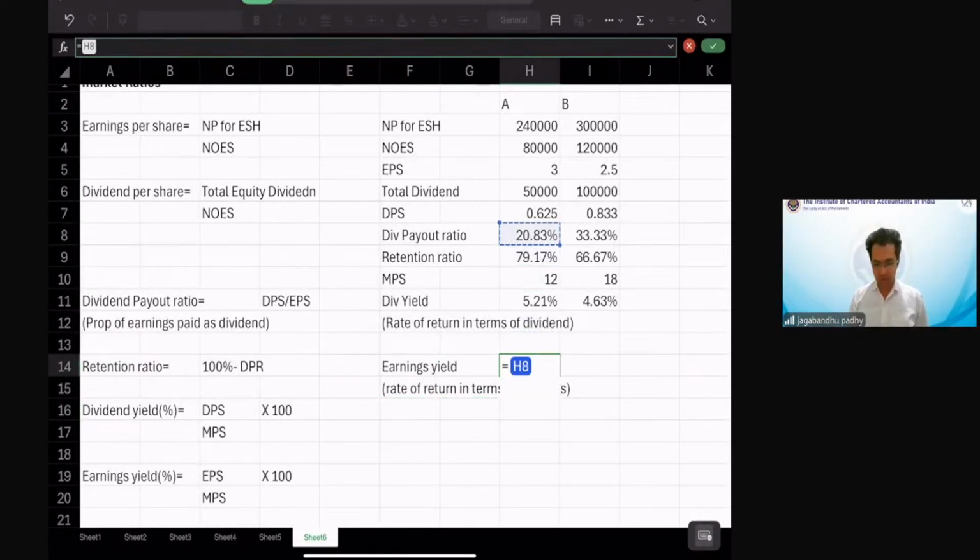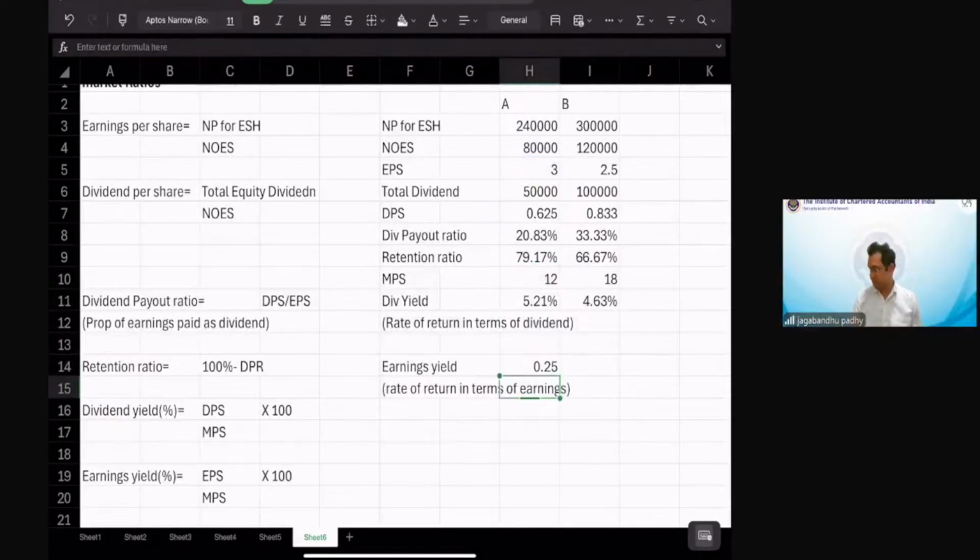We can say here the company is earning 3 rupees on a market price of share as 12. That's 25%. And here it is 13.89%. These are the rate of return earned by the investor in terms of the earnings or in terms of the dividend.